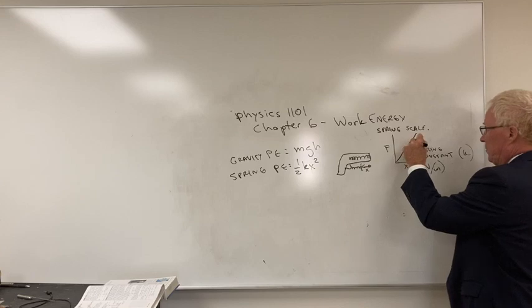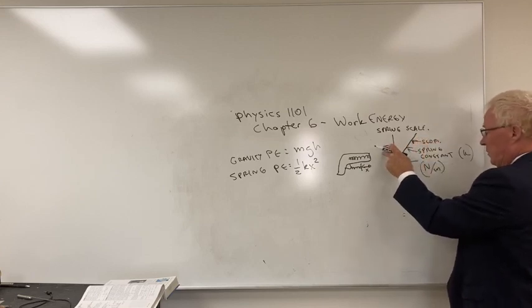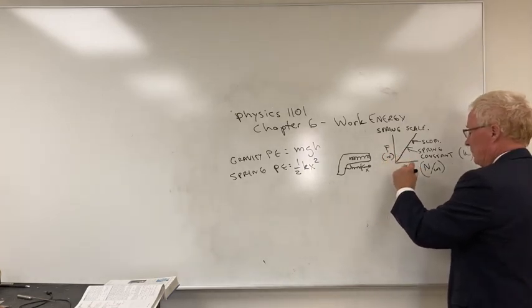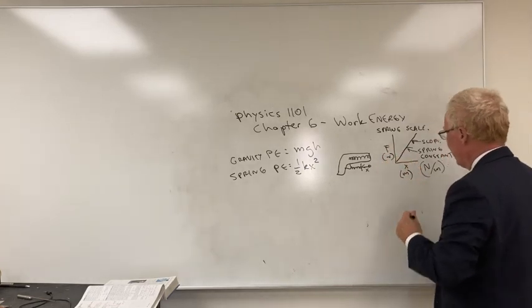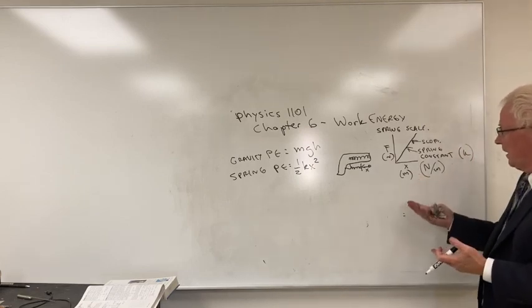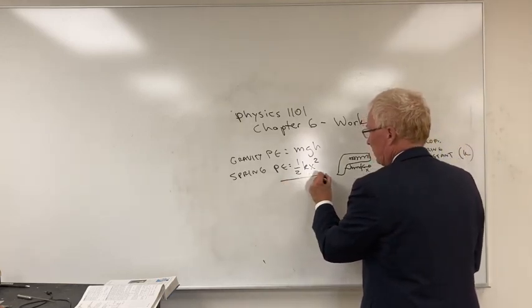It's actually the slope of this graph of force versus distance, where this is in newtons, this is in meters, and that's the spring constant, basically how much force it takes for a given amount of compression. It's given by 1/2 kx squared.